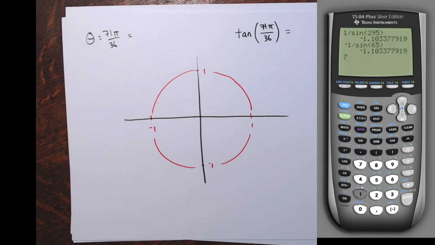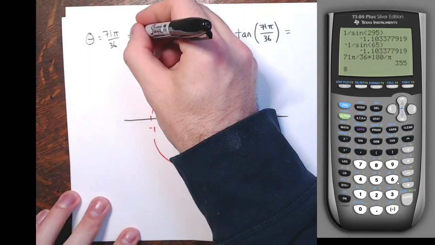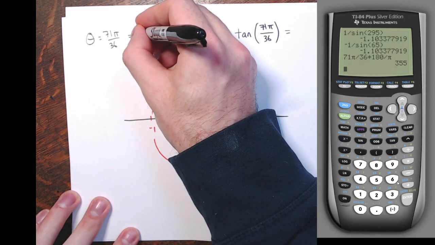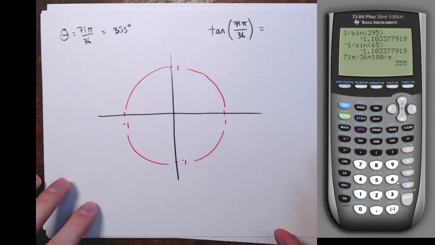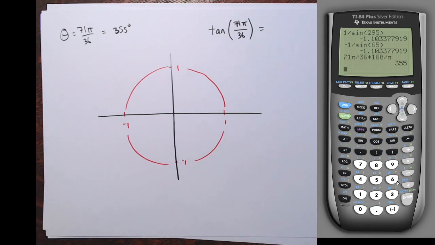I take 71 pi divided by 36 and multiply that by 180 over pi, right, the conversion from radians to degrees. And that's 355 degrees, right? So we're trying to find the tangent of 71 pi over 36, or the tangent of 355 degrees.